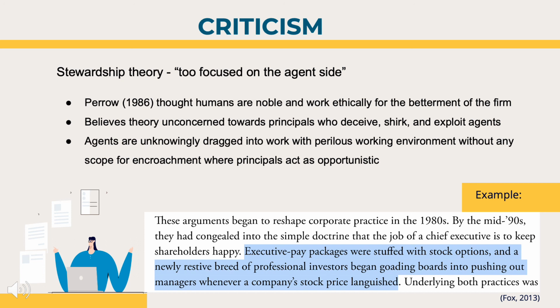So from this criticism, it's a nice outlook into the agency theory, where the agency theory was more focused on the agent side, and then the stewardship theory gives another conflicting view, where it's not all just about managers, because sometimes the principal can be in the wrong too in this case.